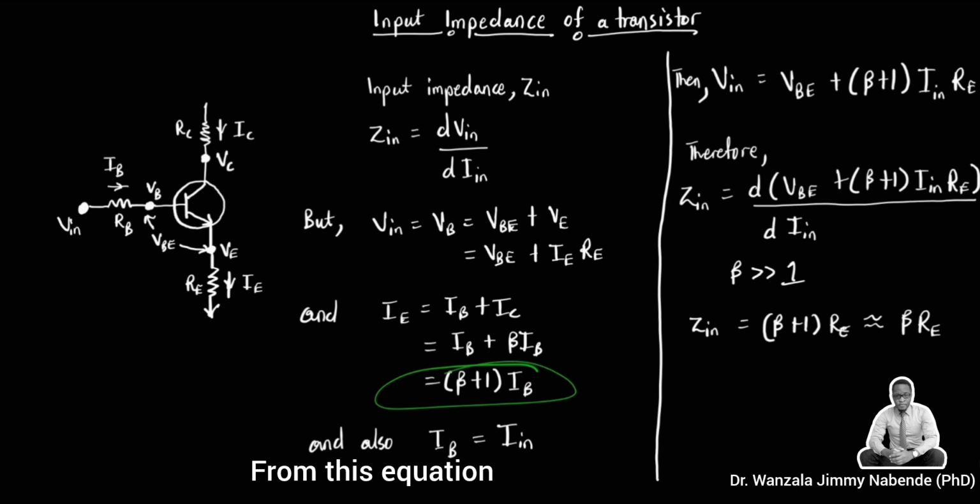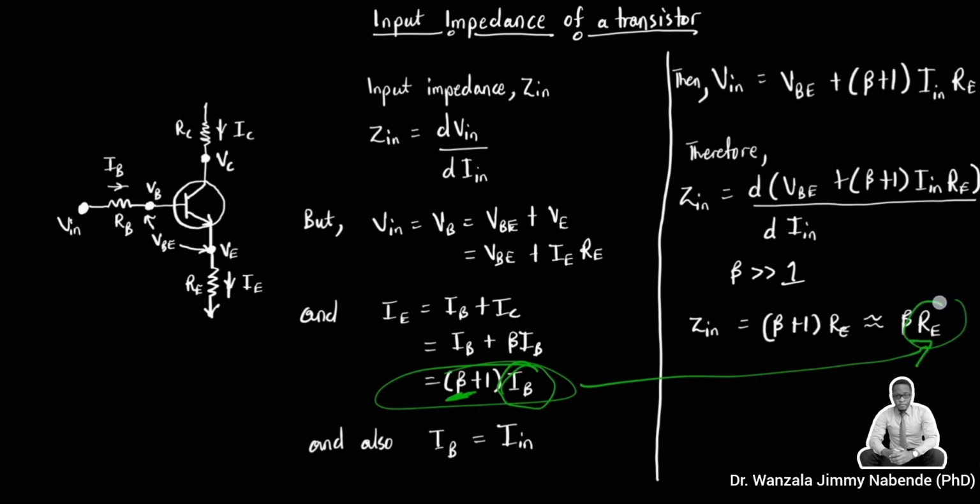From this equation, the emitter current is big due to the current gain beta. Now that implies that the base current amplification makes RE appear larger to a source.